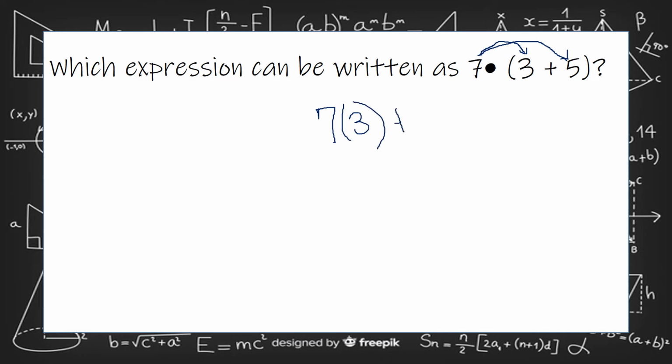We keep the sign in the middle right here. And then the 7 is multiplied by the 5. So the 7 is being handed out to everything inside those parentheses.